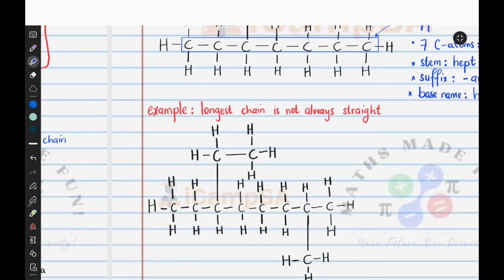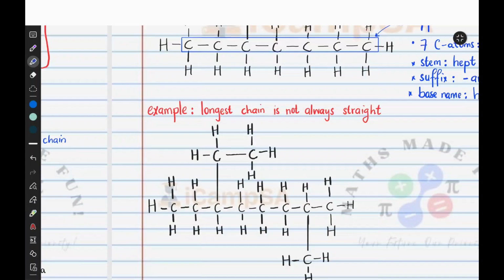What about this one, where we start? We can even start here and check 1, 2, 3, 4, 5, 6, 7, 8. This one also has 8, so it's not really the only longest continuous chain, because we've identified 3 of them that have 8, right?